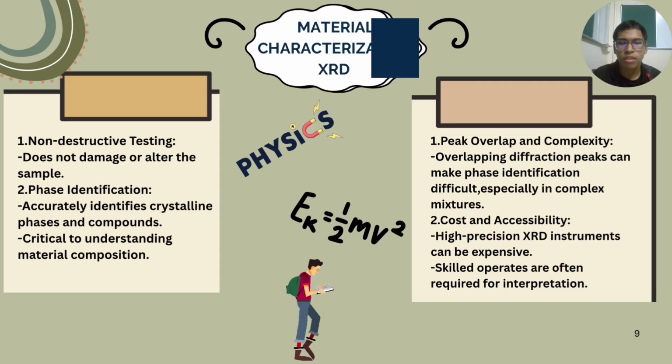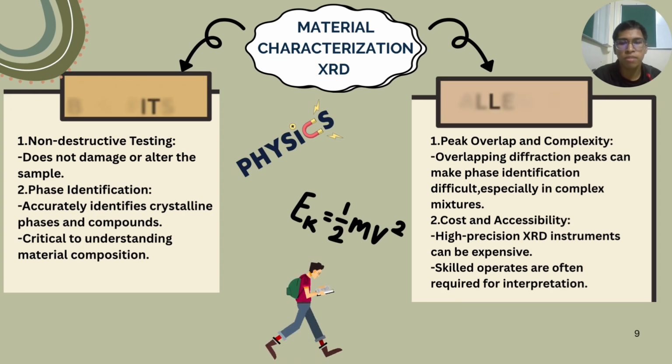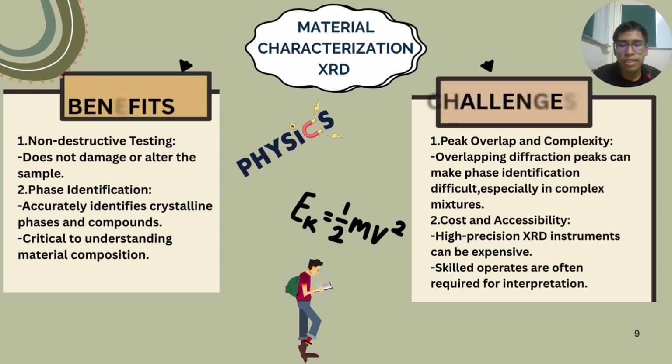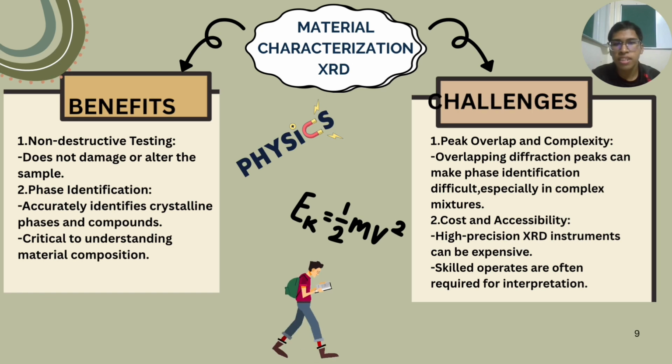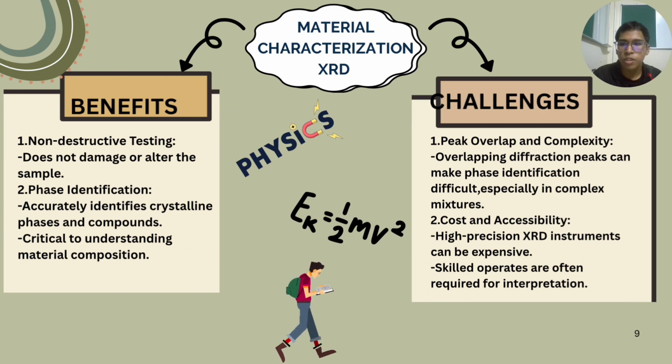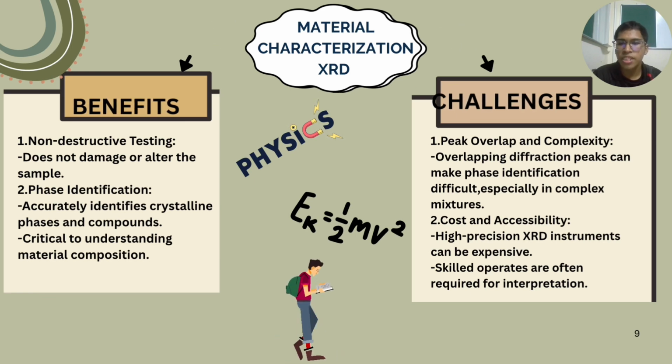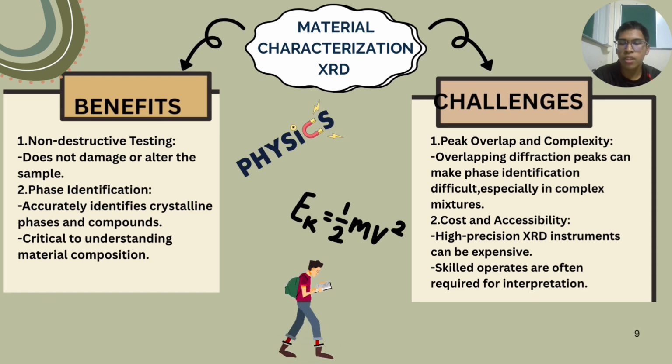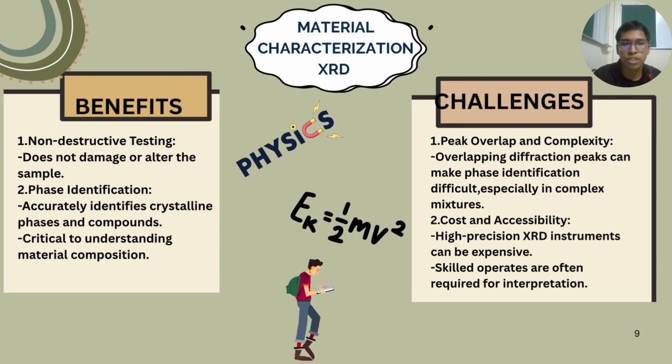That's all. Now, I will talk about the benefits and also the challenges when using material characterization XRD. The first benefit is that it is non-destructive testing, which means it does not damage or alter the samples when used. Second, phase identification, which means it accurately identifies crystalline phases and compounds, and also it is critical to understanding material compositions.